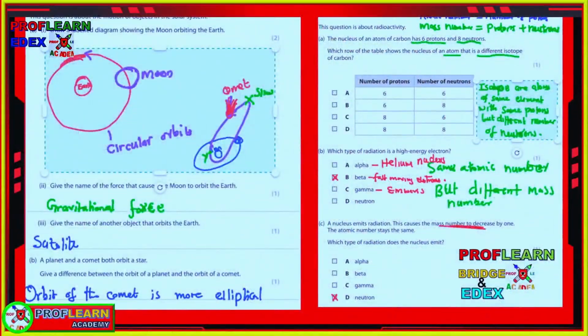What mattered most in the May-June paper is you understanding that the moon orbits around the earth. So you are expected to draw the orbit of the moon around the earth, and you need to understand that the orbit of the moon is circular and the orbit of a planet is elliptical.